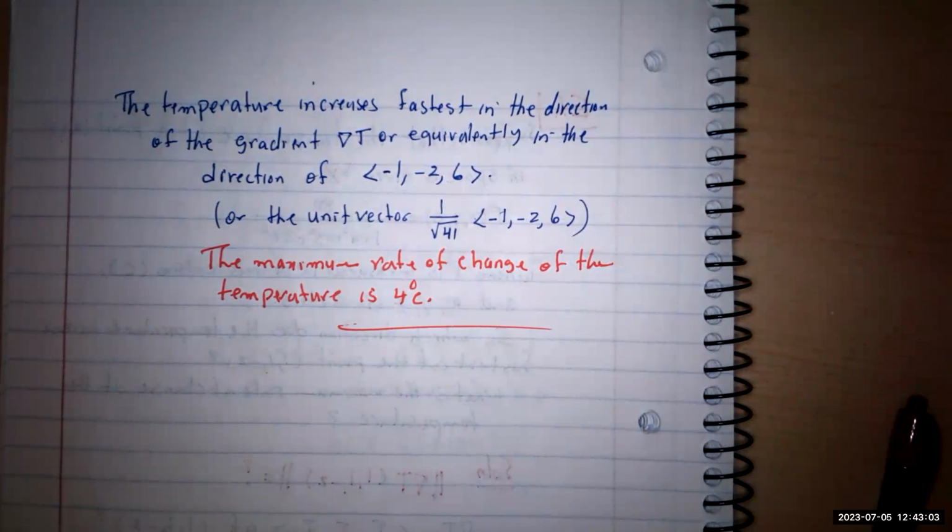So expect 2 problems from the directional derivative on the test, and you already got the sample. Just check it. One of them would be straightforward, you just find it for us. And the other one would be of this type of idea. When you find it, you have to explain it because they are going to ask for the maximum rate of change.